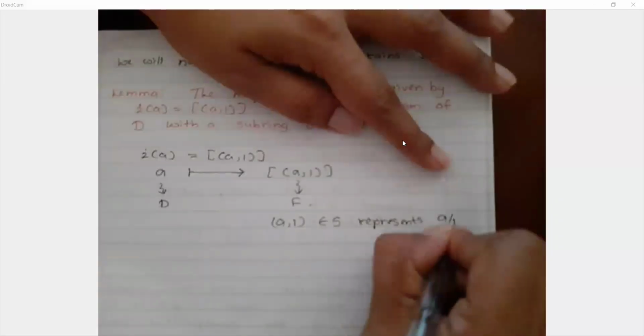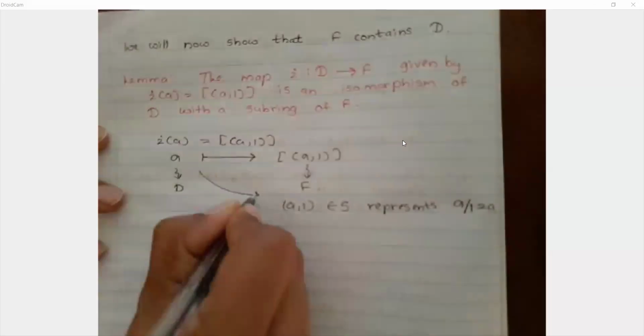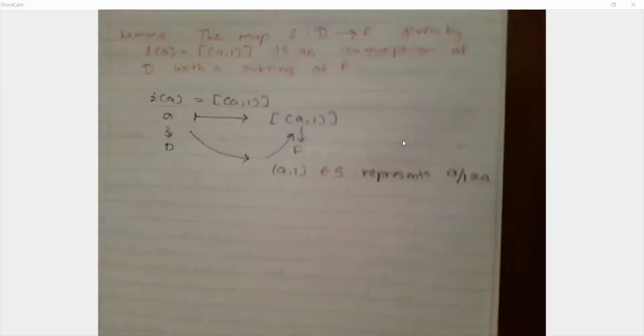It represents the quotient A over 1, which is simply equal to A. So we see that this element is sort of mapped to itself. You take A and corresponding to this, you find an element in S, you take its equivalence class and you map A to this particular equivalence class. So we can see that this is well defined.